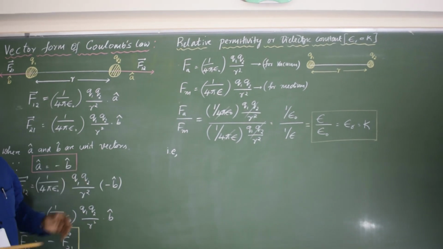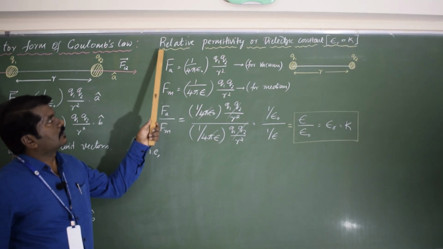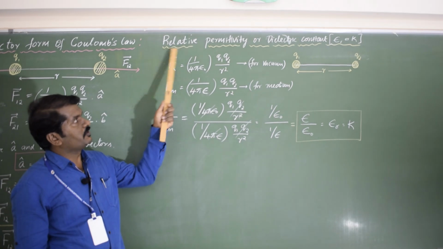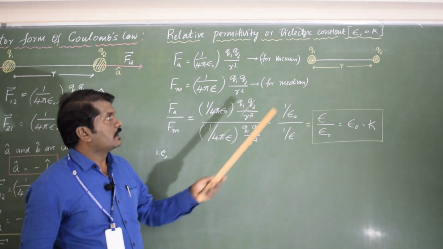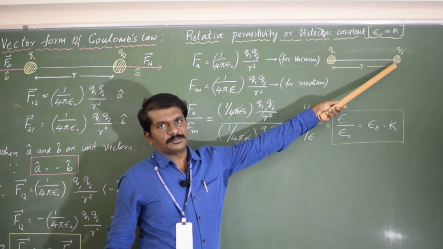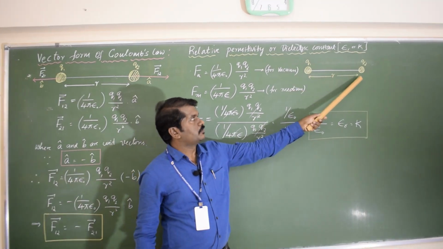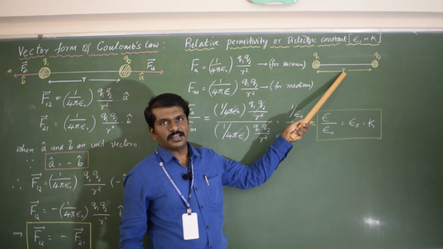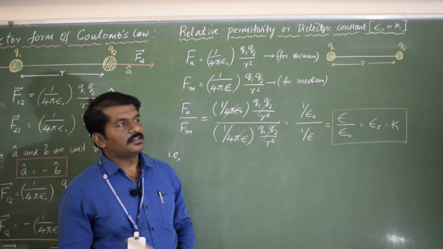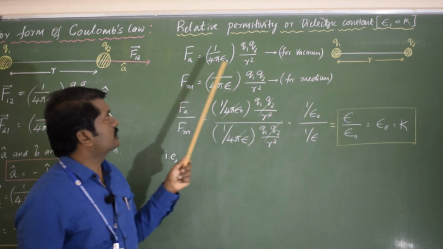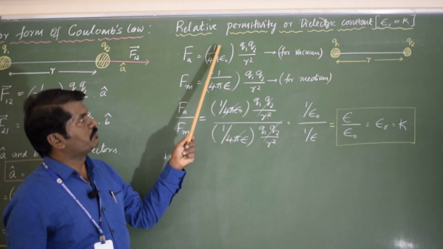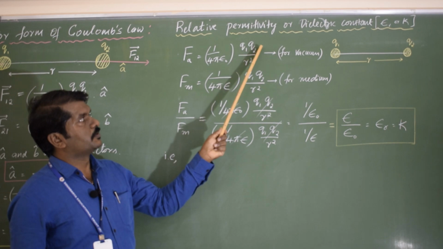Okay. Next, come to this constant, that is relative permittivity or dielectric constant. To explain this, let us consider two point charges Q1 and Q2 which are separated by distance r in free space. Then the Coulomb's force between these two charges is given by the equation Fa is equal to 1 by 4 pi epsilon naught Q1 Q2 by R square.